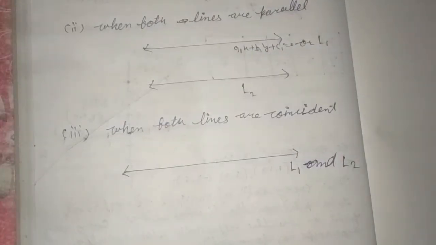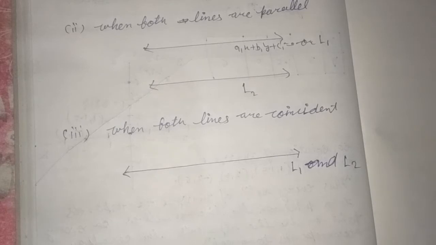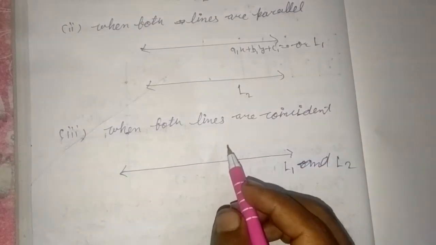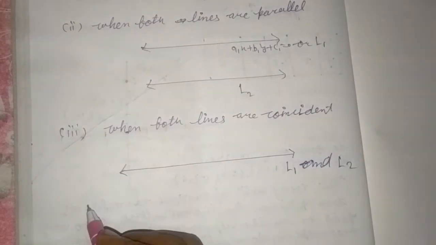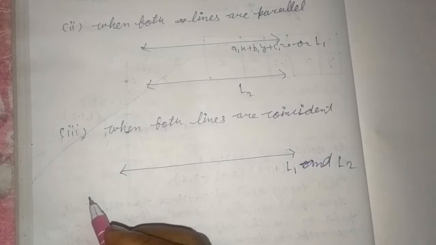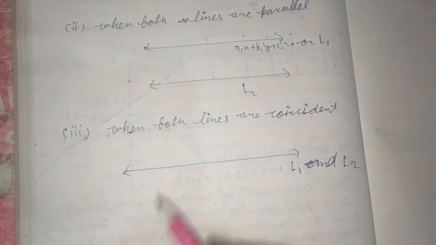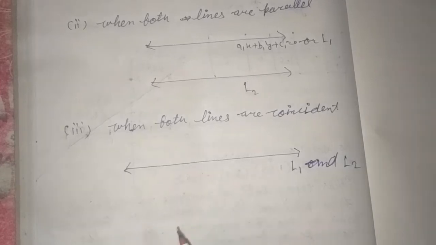So you can look at one example of when the pair of linear equations in two variables are coincident.